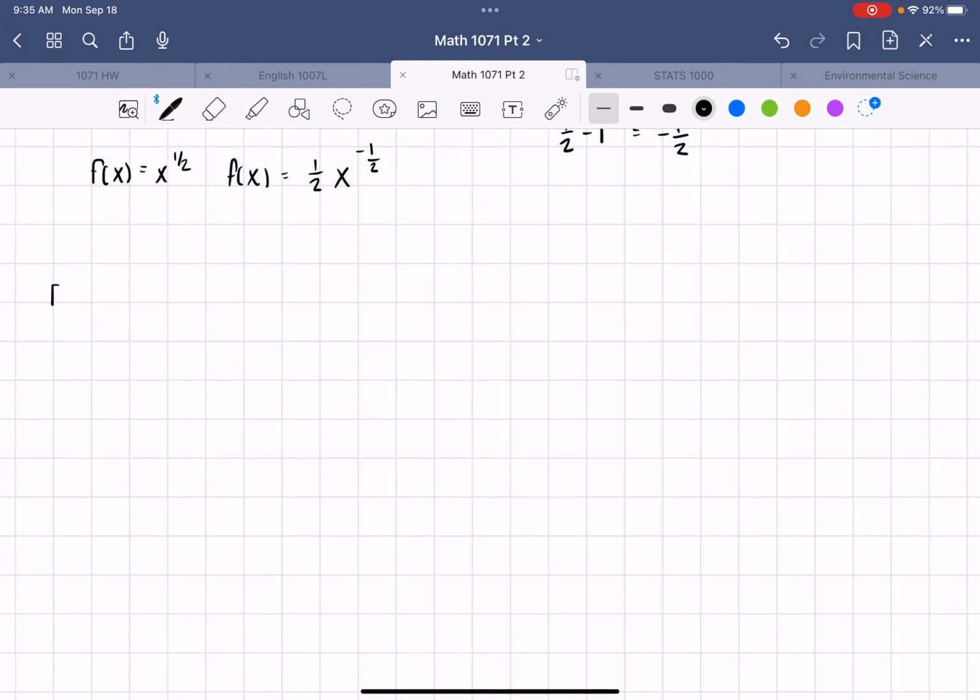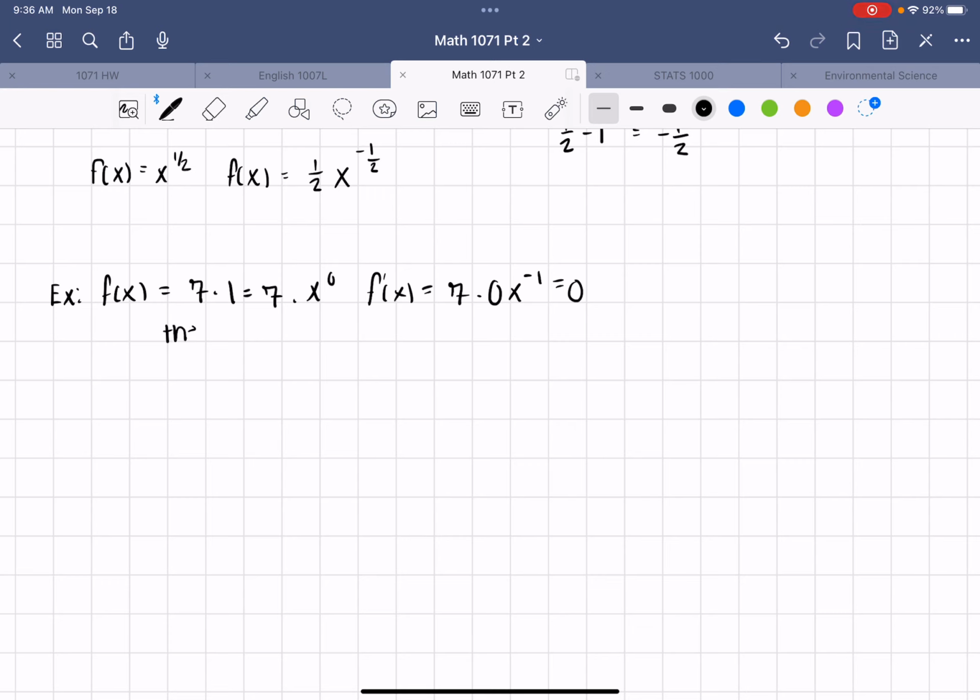And what does our rule say? F prime would be 7 times 0. And anything times 0 is 0. And so we've already seen this, that the derivative of a constant is 0. We did a couple examples of that. The derivative of a constant is 0.